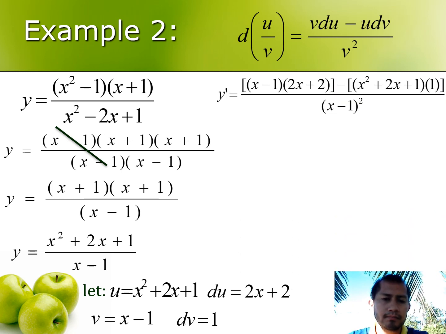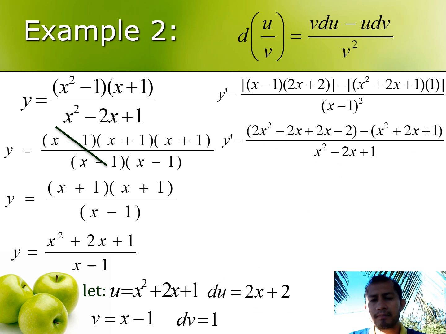So y prime is equal to x minus 1, which is our v, times du, which is 2x plus 2, subtracted by the product of our u, which is x squared plus 2x plus 1, times 1, all over x minus 1 squared, as the formula states, because it is v squared.